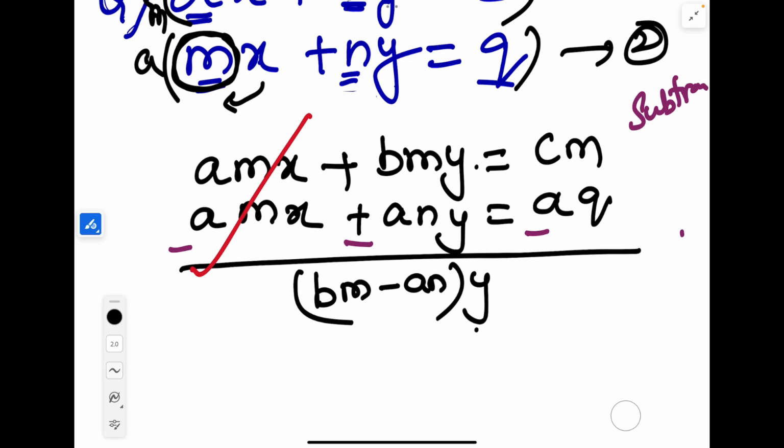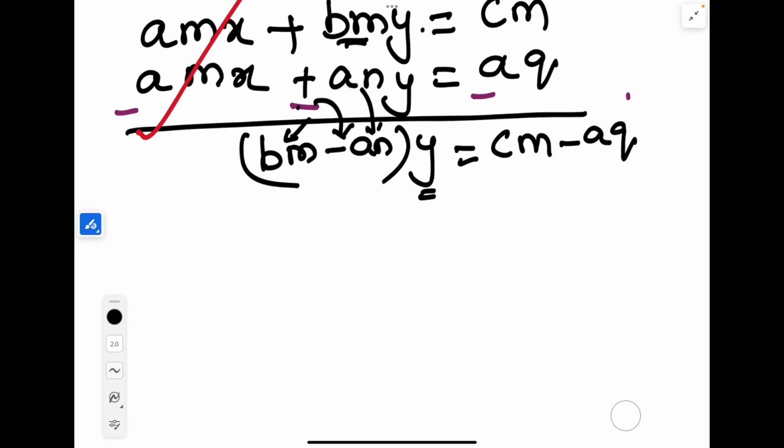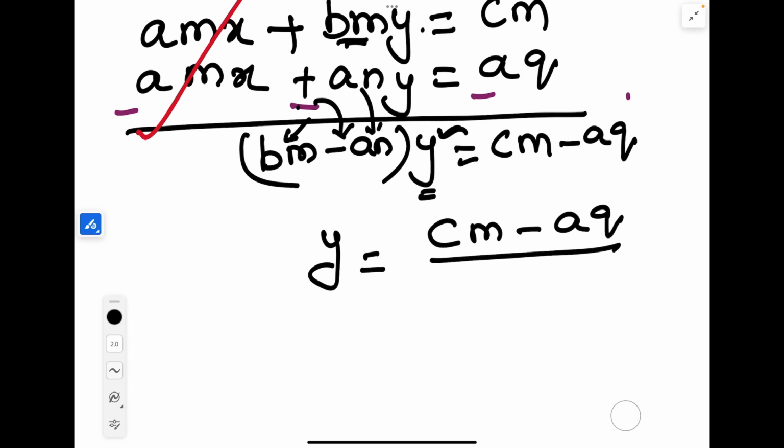So I am writing y outside and bm here, this negative sign, and an here is equal to, here there is nothing common, so you can write it as cm minus aq. I hope this step is clear. That means we want the value of y. y will become cm minus aq by bm minus an, the value of y.